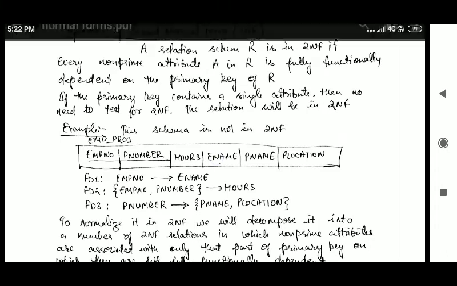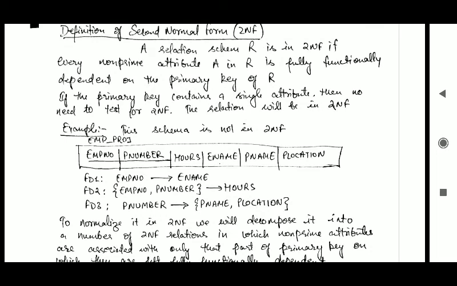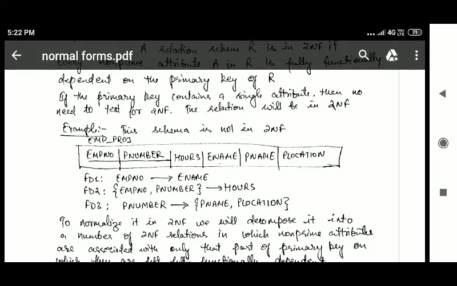E name specifies employee name, P name specifies project name, and P location specifies project location. Actually, each employee can work on more than one project. So here, the primary key of this relation schema is the combination of these two attributes, employee number and project number.